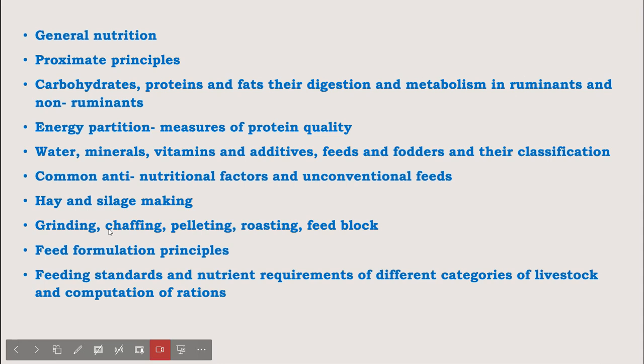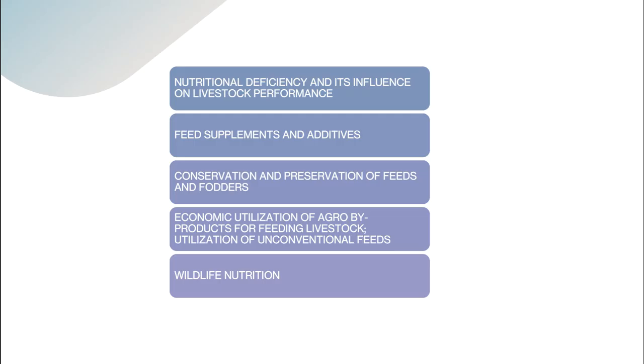Then also nutritional requirements of different categories of livestock and computation of the rations. Whenever a feed ingredient is given, calculation of different parts of that particular feed in terms of proteins, carbohydrates, etc., then compounding the feed. Then nutritional deficiencies and their influence on livestock performance and health is another chapter. Apart from this, feed supplements and feed additives is another chapter.